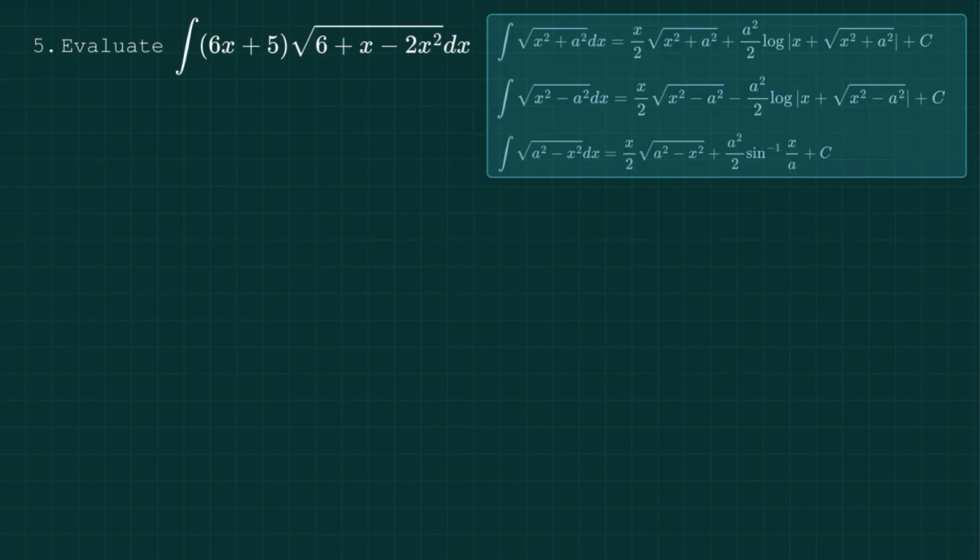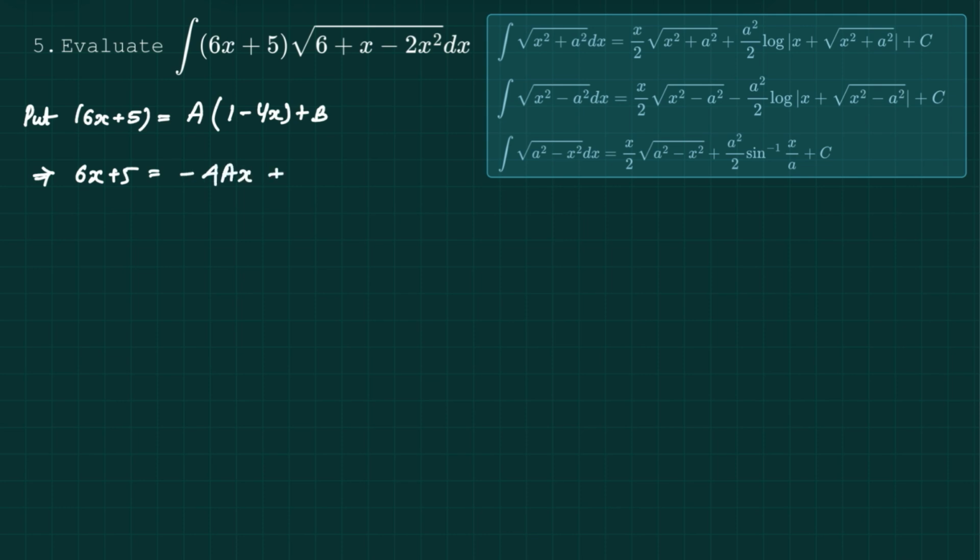Question 5. Evaluate integration of (6x plus 5) by square root of (6 plus x minus 2x square) dx. So here also we will put 6x plus 5 equals a into the derivative of the quadratic inside, that is 1 minus 4x, plus b. So this implies 6x plus 5 equals minus 4ax plus a plus b.